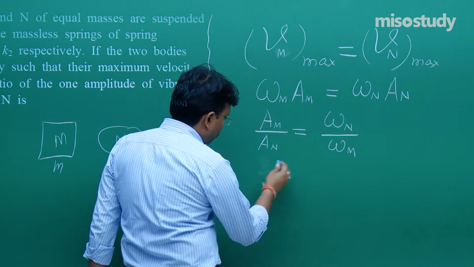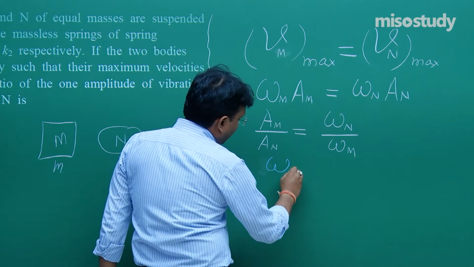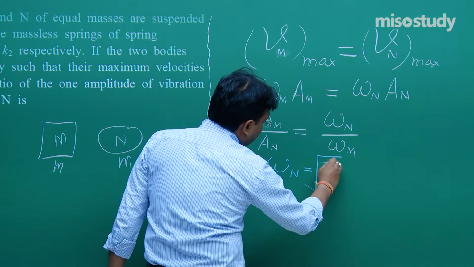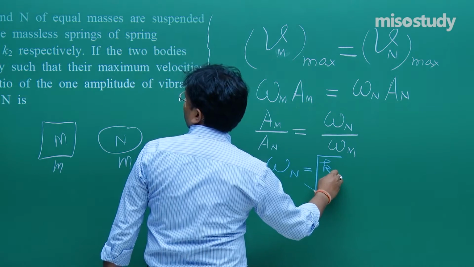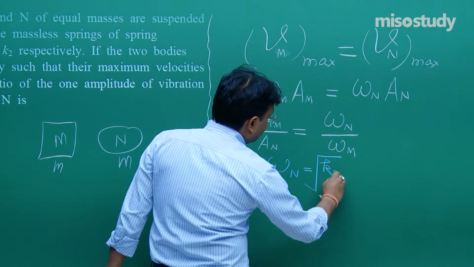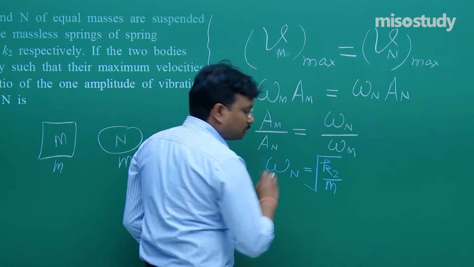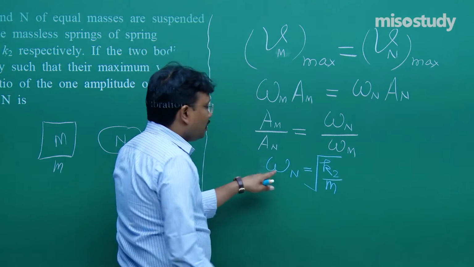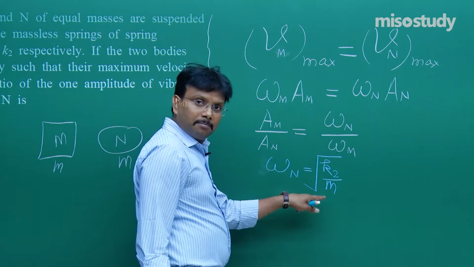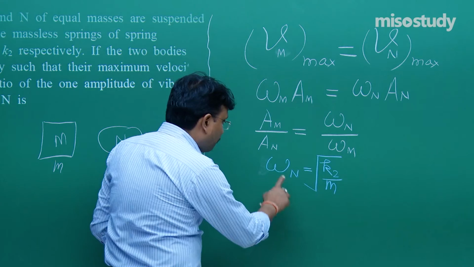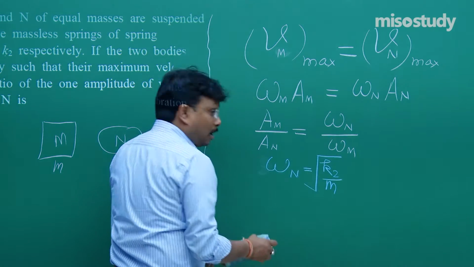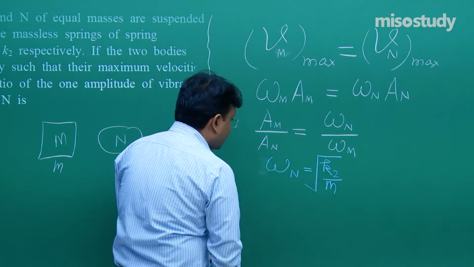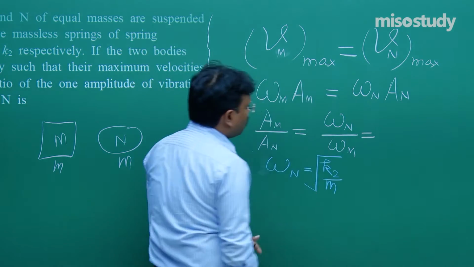Let's use blue chalk. Omega_N is equal to under root K2 by m, because N is associated with spring number 2. And similarly, omega_M is under root K1 by m. So when you put the values of omega_N and omega_M, just take a look at this blue expression.